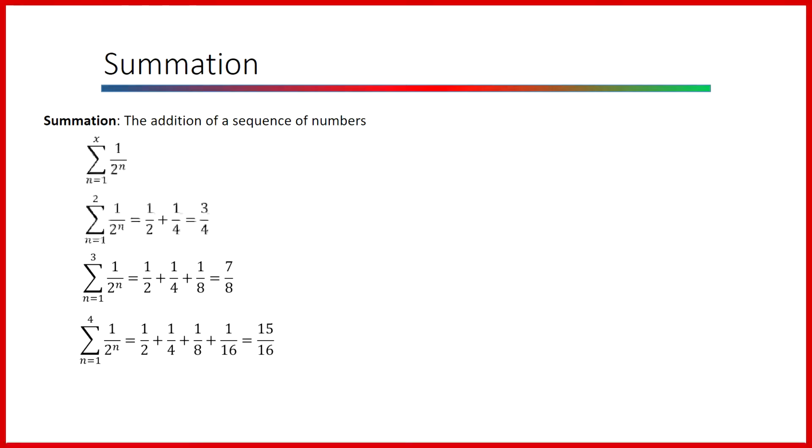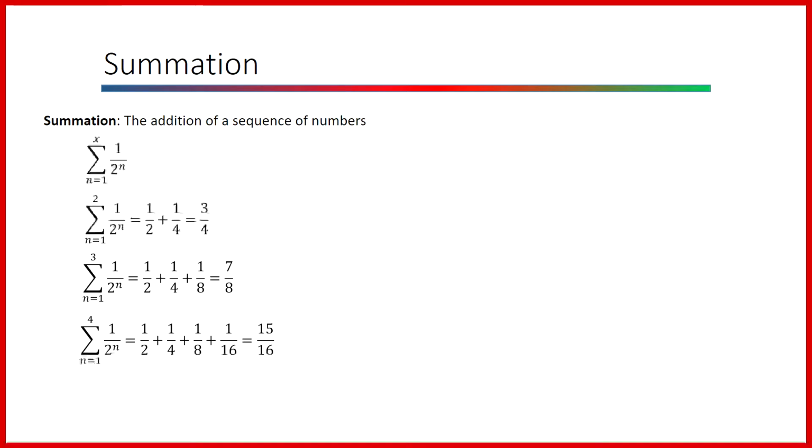Take a look at that pattern we've started. If we sum from n equals 1 to 1, we would just get 1/2. When we summed from n equals 1 to 2, we got 3/4. When we summed from n equals 1 to 3, we got 7/8. When we summed from n equals 1 to 4, we got 15/16.